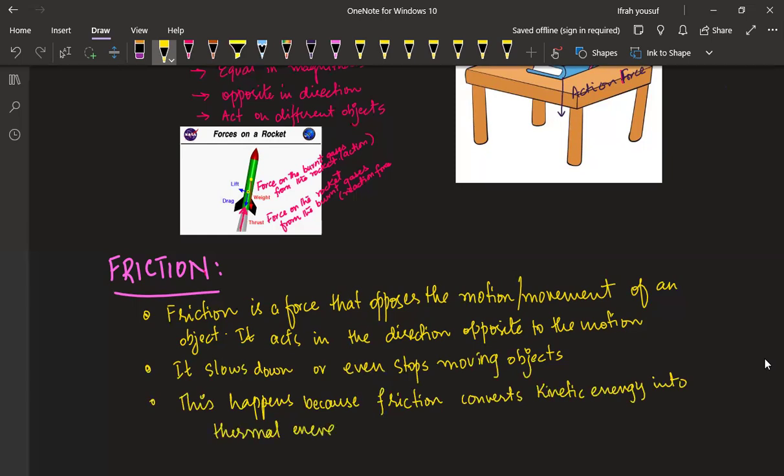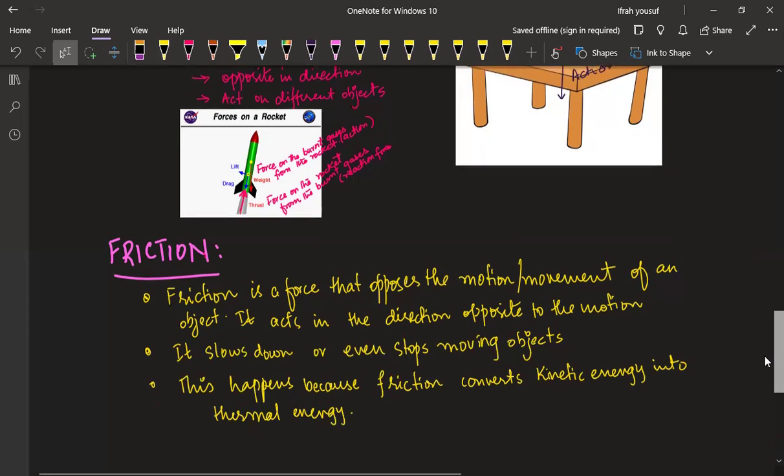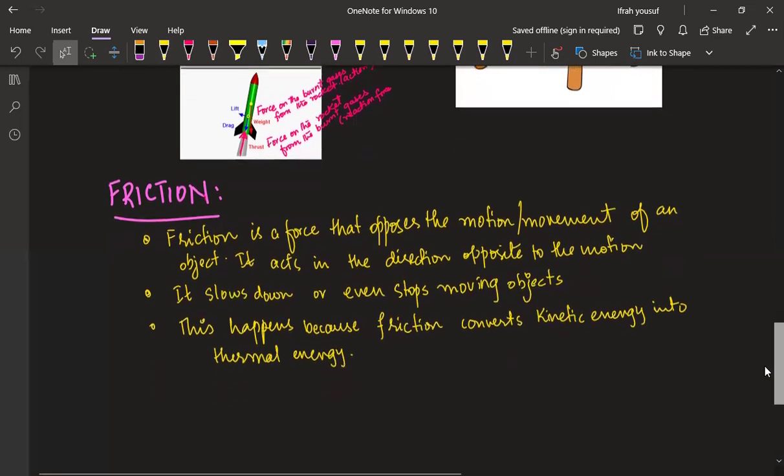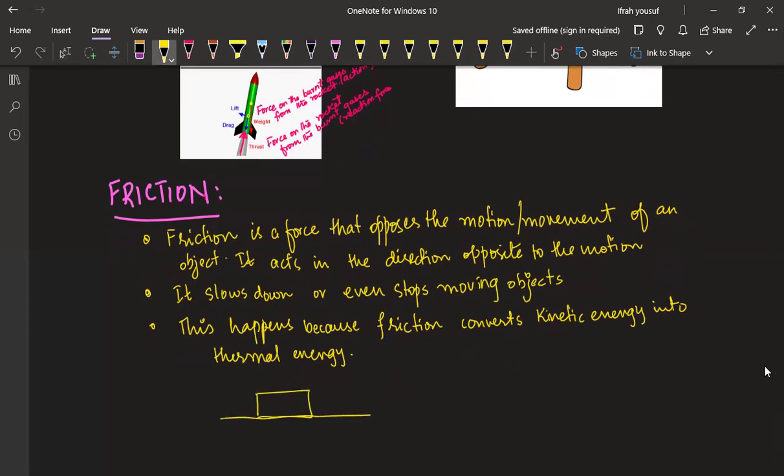Kinetic energy is the energy stored in an object when it moves, and thermal energy is the energy due to heat. If there's an object on a surface and I'm trying to move it to the left side, on the opposite side there would be friction due to the contact.